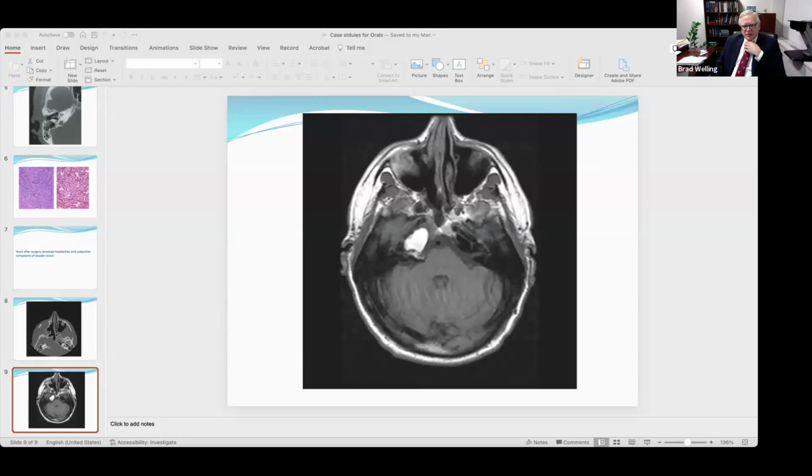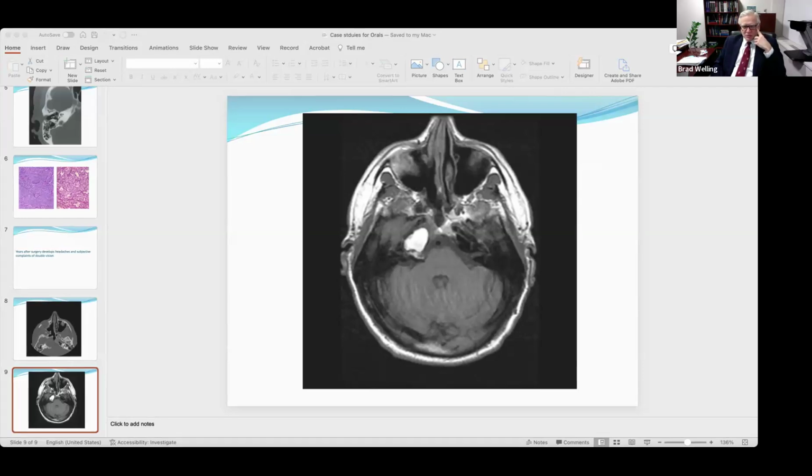The other approach is to do it through the middle fossa. Come to Kawase's triangle anterior to the internal auditory canal and open into it that way. Again, you have probably better access to clean it out from the middle fossa than infracochlear, given its location above the internal auditory canal.